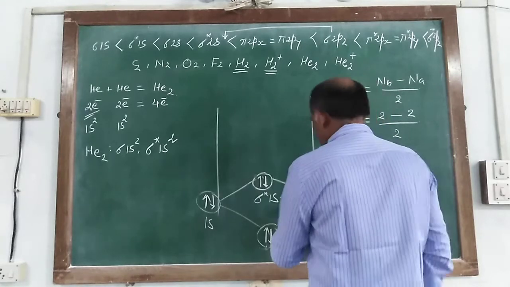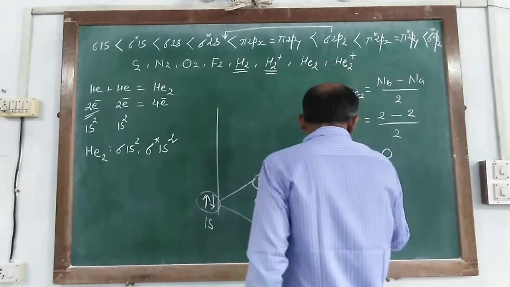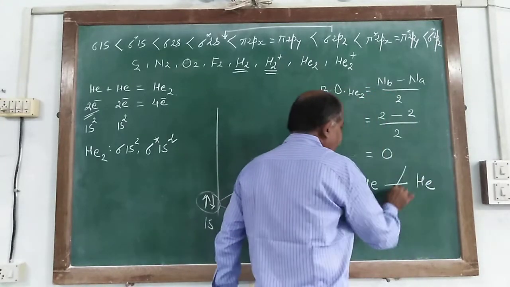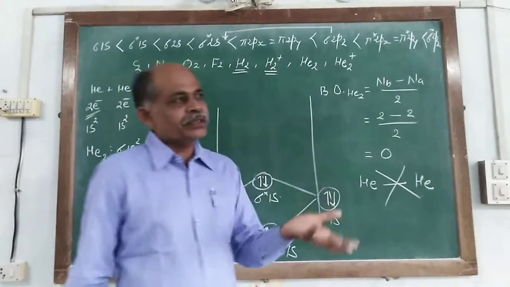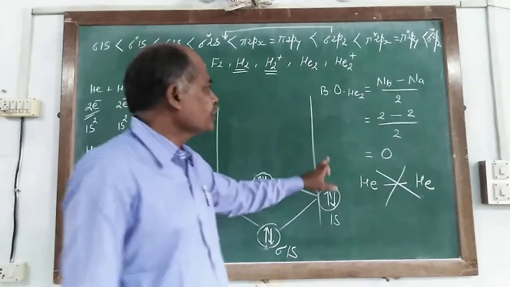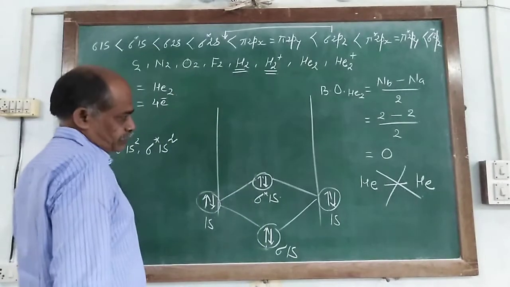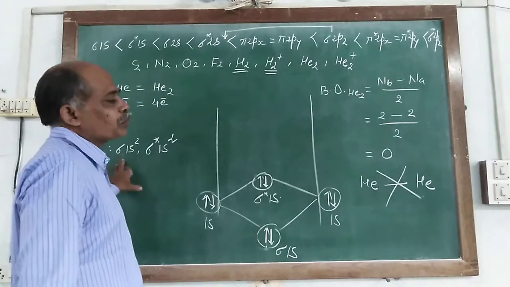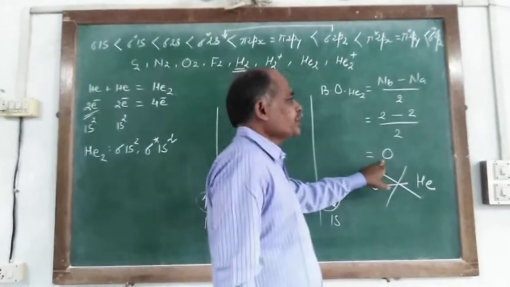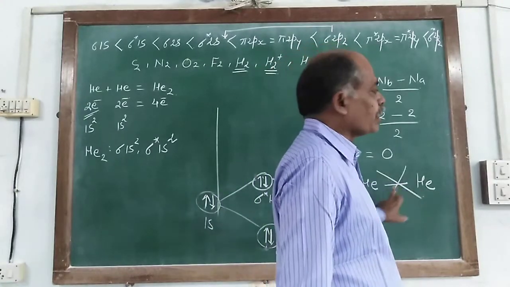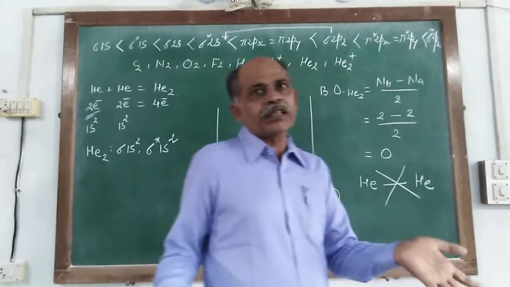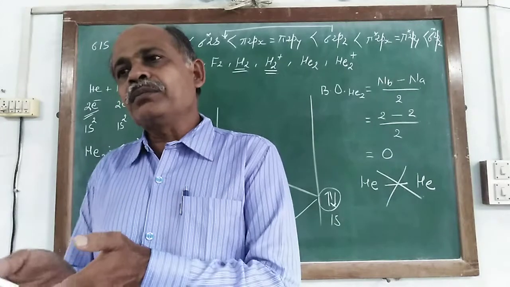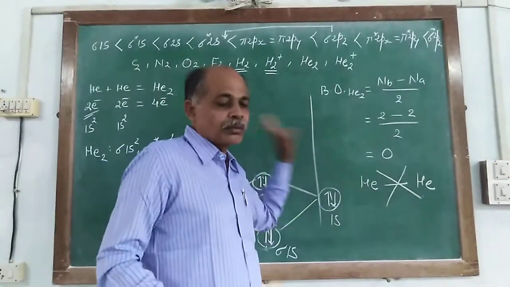So it is 0. It means the two He atoms have no bond, so the He2 molecule cannot form, because the bond order between the two He atoms is 0 and there is no linkage between them.